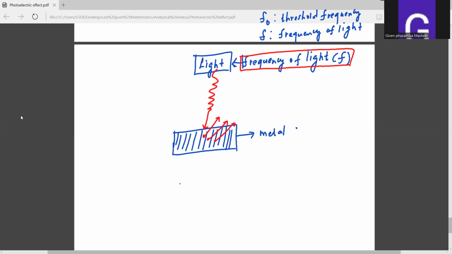If we go back to the definition of the photoelectric effect, it says the photoelectric effect is the process whereby electrons are ejected from the metal surface. This is our electron, assuming they're ejected, when light of a suitable frequency shines onto that metal.